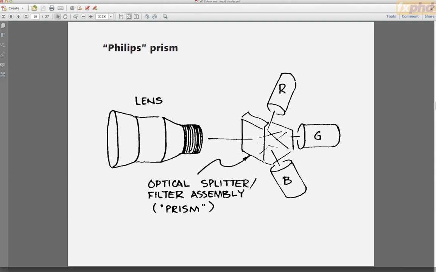So the prism in an HD camera is a chunk of glass onto which these dichroic filters have been coated onto certain surfaces of the chunk of glass. So the optical separation happens with the dichroic filters. The prism is just a convenient mount for the filters.